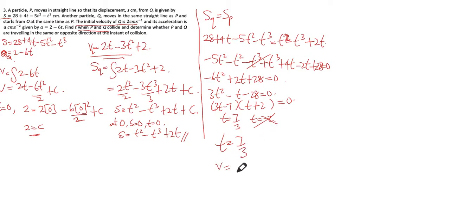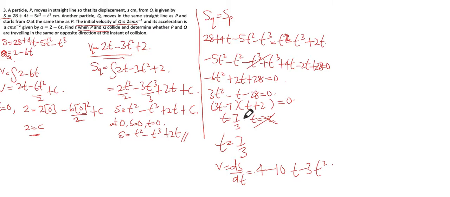Velocity is differentiating s over dt, and if I differentiate s for p, I'll have 4 minus 10t minus 3t squared. Because I want to find the velocity, from there we know whether it's going backward or forward.